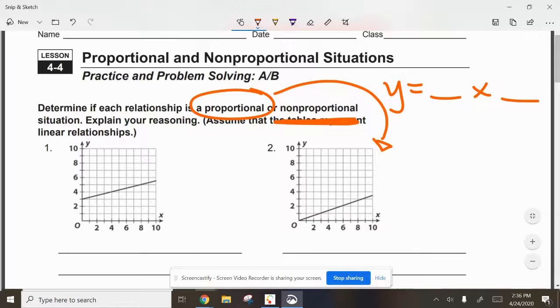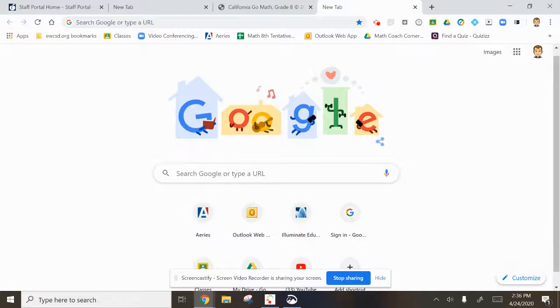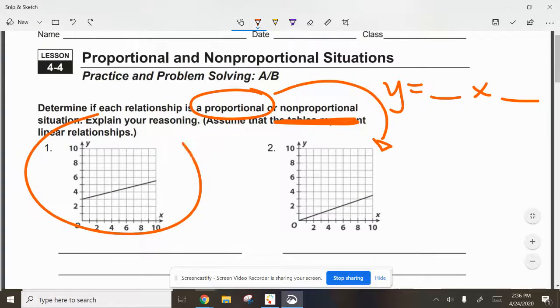So for proportional, you got to make sure you see this here. It's a proportional relationship, and it also has to be linear. And linear just means line. Maybe in Spanish it's línea. It's a perfectly straight line, right? So that's a perfectly straight line, and this would be proportional. This one is non-proportional. Oops, let's go back there. This one's non-proportional because it does not go through the origin, but it's still linear. It's still a perfectly straight line.